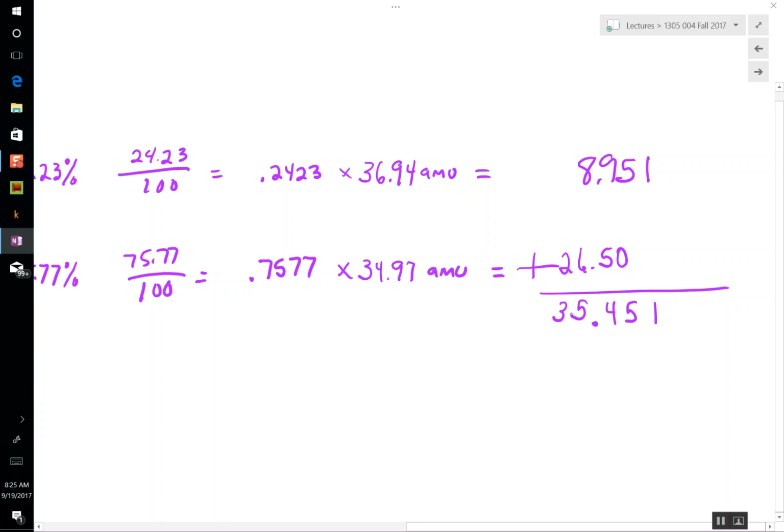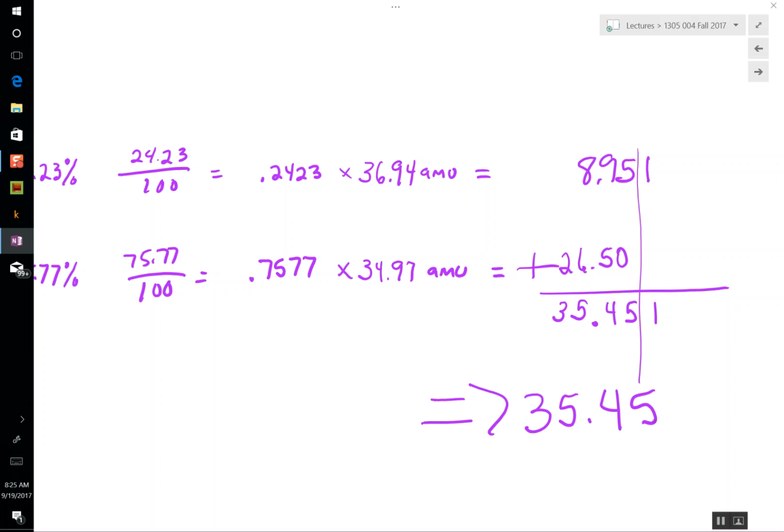I would remember when you add numbers, you cut them off to the level of decimal places you have for each one of them. So this becomes 35.45. Now look at your periodic table.